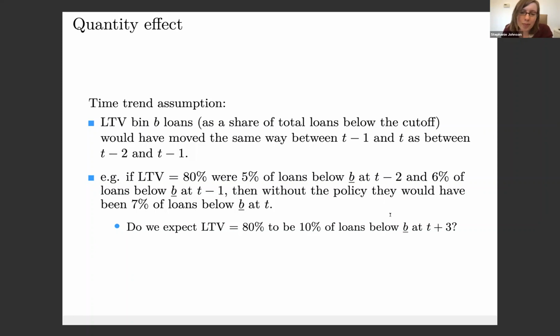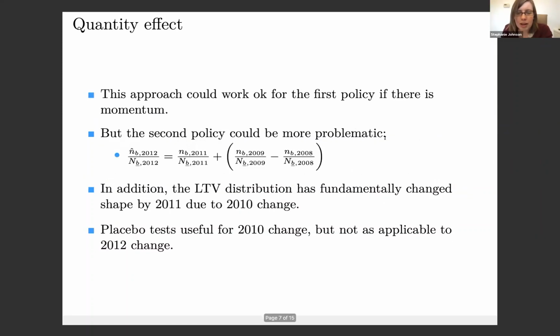But the way I'm interpreting it, that would be the prediction there. And so my sense is that this approach could work quite well for the first policy. But when they use it for the second policy, they're forced to use the change between 2008 and 2009, so 3 years earlier, to construct the counterfactual, because the change between 2010 and 2011 is affected by the first policy.